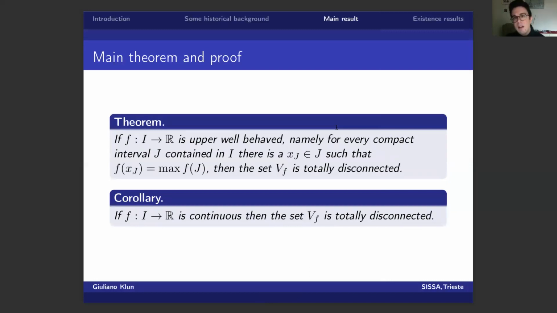So the main theorem, excluding the existence result that we are going to show after today, of this paper, is the following. If f from an interval I to the reals is upper well behaved, namely for every compact interval J contained in I there is a point that realizes the maximum of f over that interval J, then the set V_f is totally disconnected.